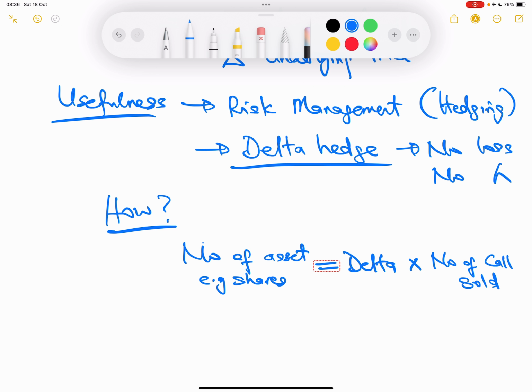Remember, you must sell a call, not a put. You don't use a put for delta hedge. You are selling a call, not buying it. What you are buying is the shares. That is your portfolio. Please note, they are opposite positions: this is a long position and this is a short position. So your asset must always equal the proportion of your option that you have shorted, and that gives you a perfect hedge.